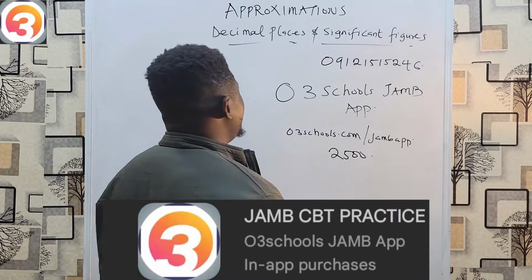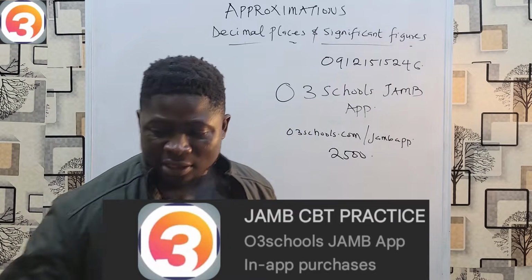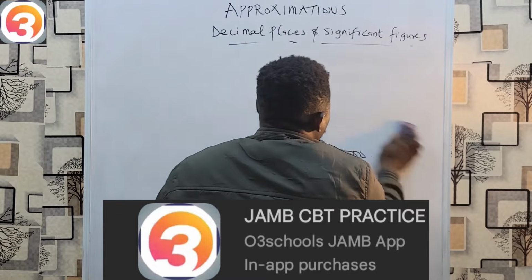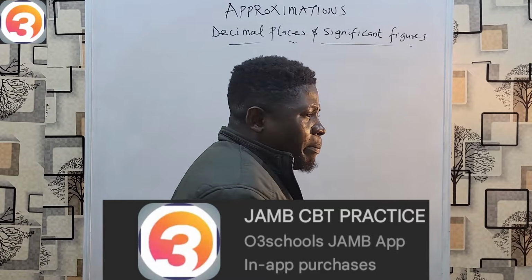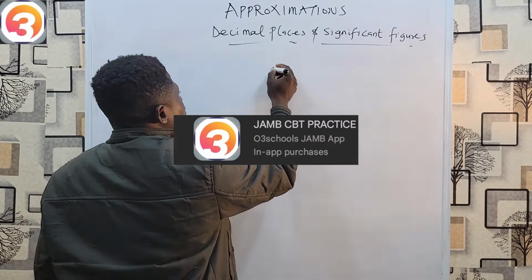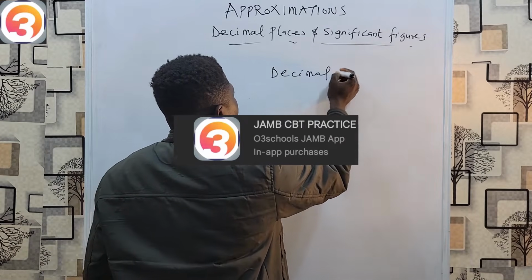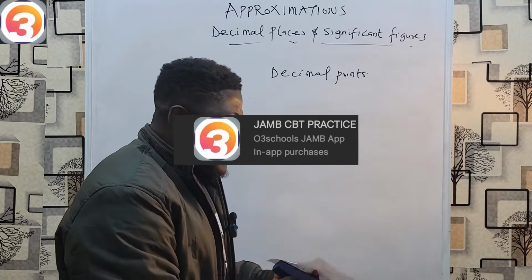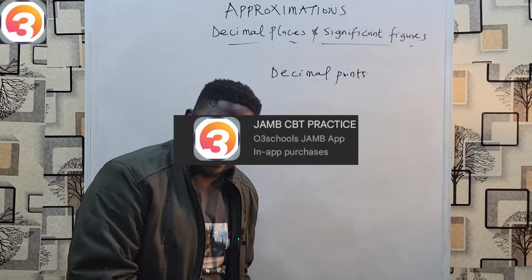Now let's go to the topic before us: decimal places and significant figures. All right, so decimal places deals with decimal points. When we're talking about decimal places, we're talking about decimal points. Our major concern is, where is the decimal point located?